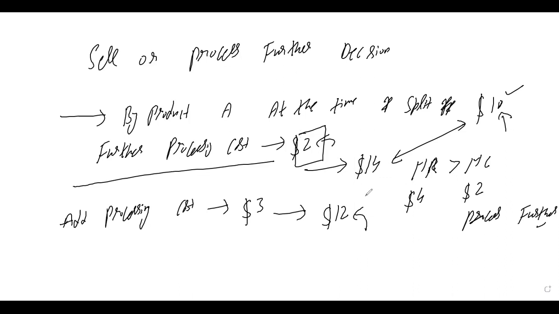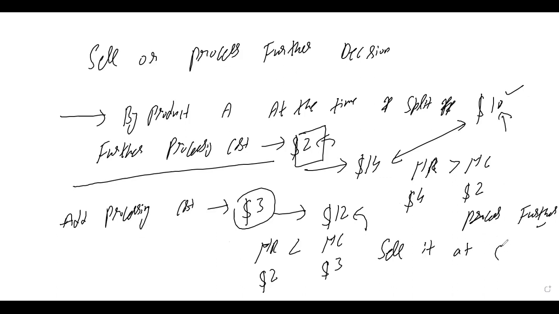So how much is the change in revenue this time? $2 only. And the change in cost is $3. So marginal revenue is less than marginal cost. By spending $3, you were able to add only $2 in overall revenue. So this is not suitable for the company. These kinds of products we should not process further. Better to sell at the split off point.